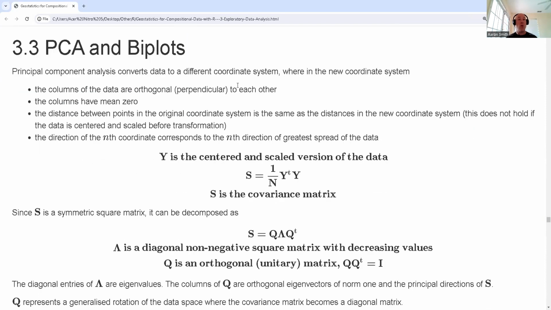All right, so principal component analysis converts our data to a different coordinate system where the new coordinate system is more tuned to what our data has. So when I take my data normally, my coordinate system is in relation to my measurements. If we have aluminum, silicon, and iron in our data, which we have for the examples I'll show, my coordinate system is in relation to how much aluminum do I have, how much silicon do I have, how much iron do I have?